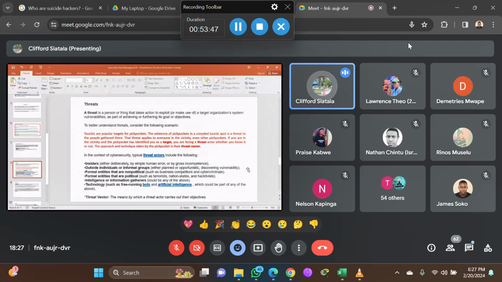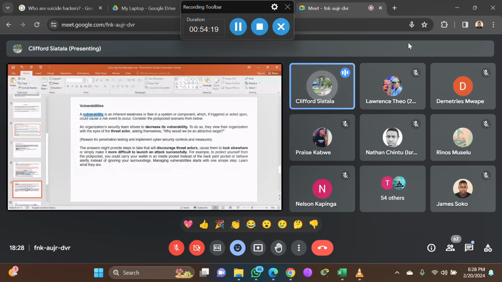Apart from those outsiders, there are also formal entities that are non-political, formal entities that are political, intelligence or information gatherers, and those who run bots and artificial intelligence, all threat actors. So we have more threats than we thought. Immediately you turn on your computer, it is exposed to threats.